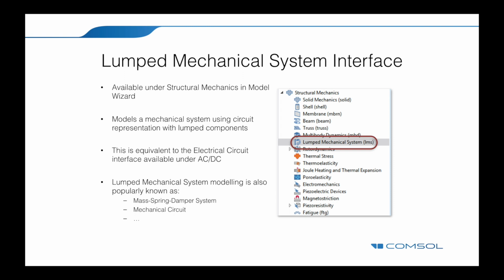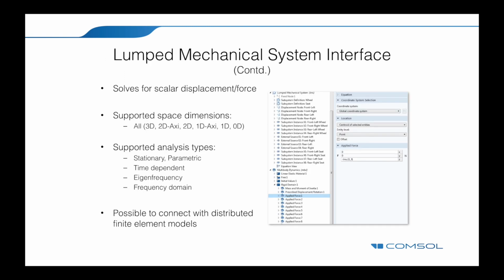There are several supported dimensions from 0D to the full 3D representation. There are several supported analysis types, like a stationary or a parametric solver, or you can go for a full time-dependent solution. And you can connect to other modules and capabilities, to rigid or flexible bodies.